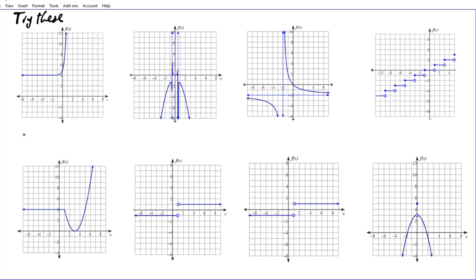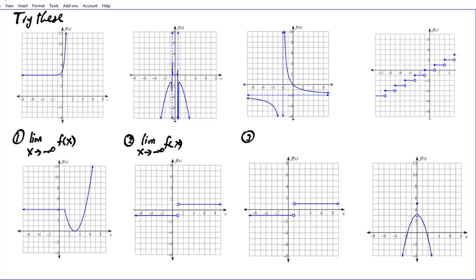For question 1, what is the limit as x approaches negative infinity of the function? For question 2, what is the limit as x approaches negative infinity of the function?